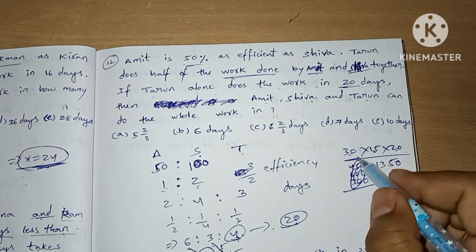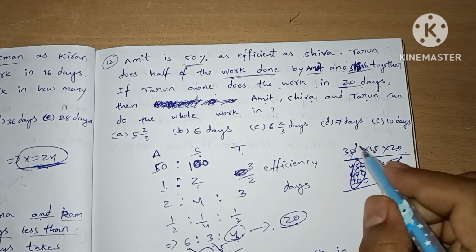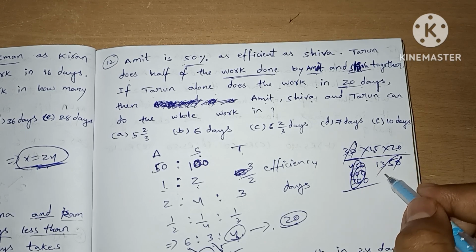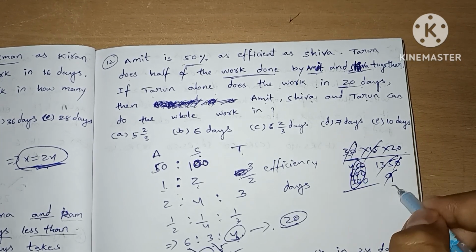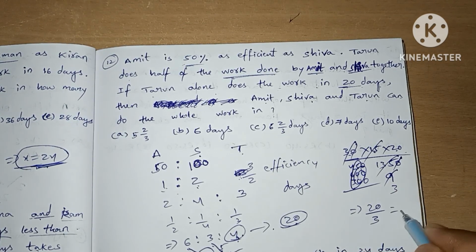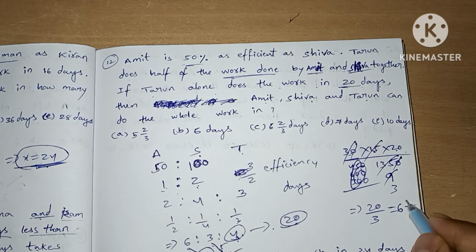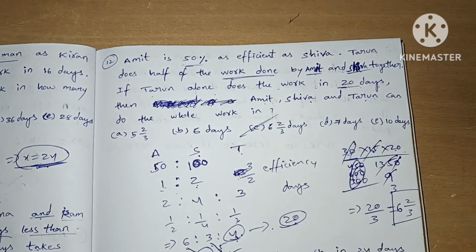So the 0 and 0 cancel. 15 times 9, 3 times 3. So we get 20 divided by 3, which means 6 and 2 by 3. This is our answer, option C.